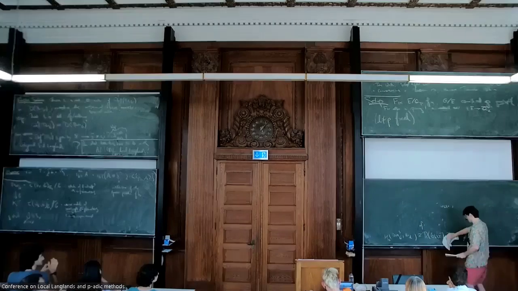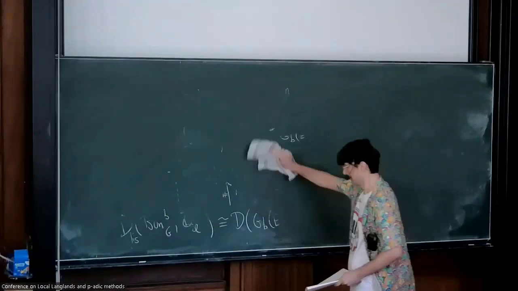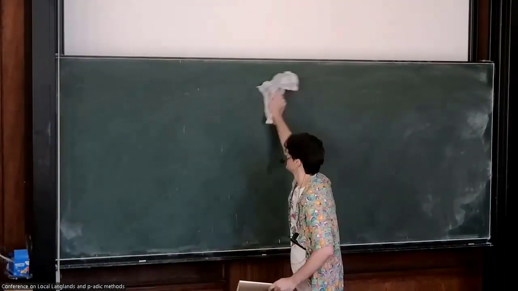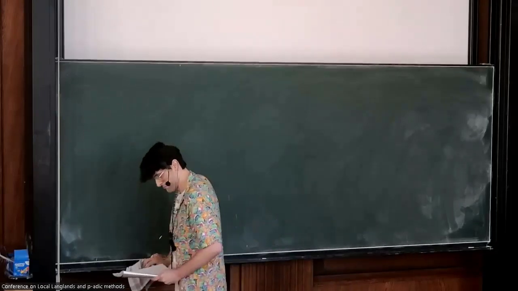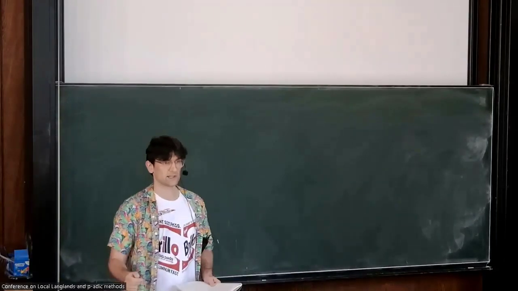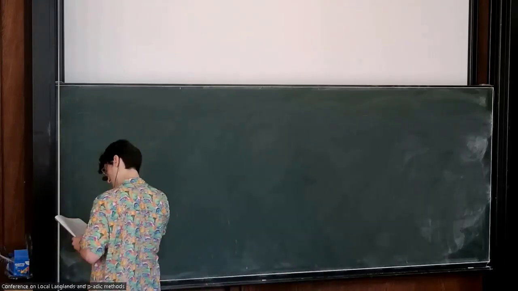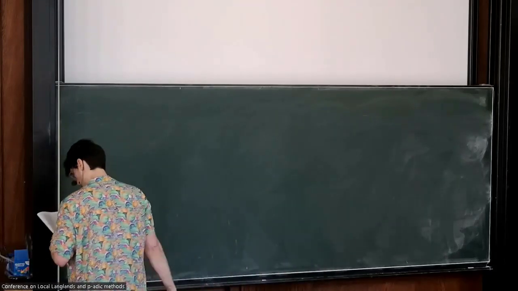So the answer to this question is that it's complicated. But if you stare at things, you'll realize that for most L-parameters, in some precise sense, a pretty clear picture emerges. And this is something I want to formulate as a precise conjecture today.